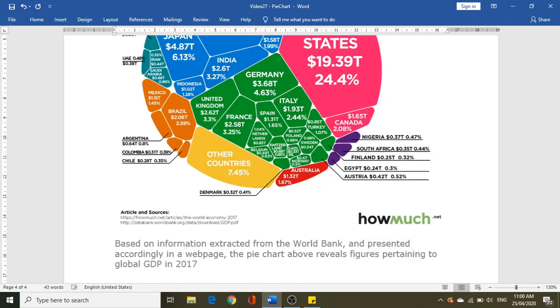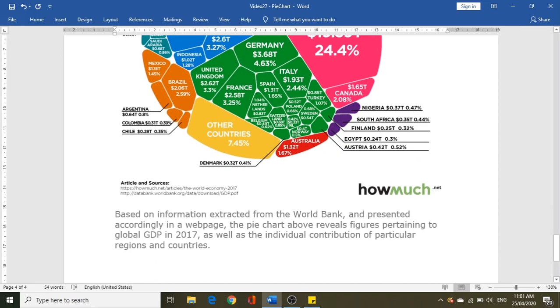So this is from 2017, so we will need to use past tense for this particular description. And then as well as the individual contribution of particular regions and countries. All right, that's our introductory statement.